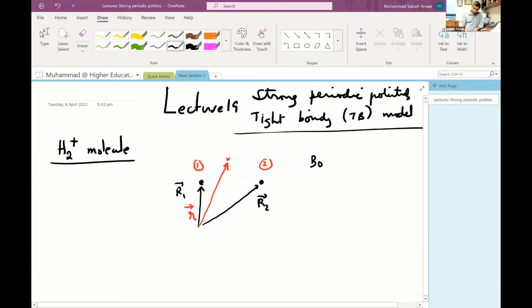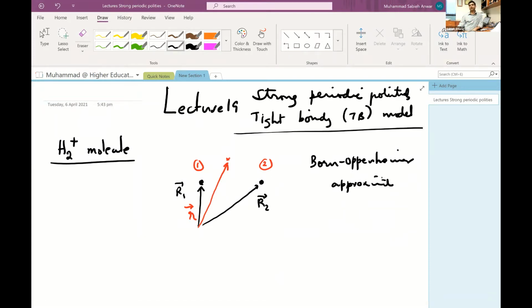And I invoke an approximation which is called the Born-Oppenheimer approximation, in which the electron moves in the field produced by 2 static protons, 2 static nuclei.